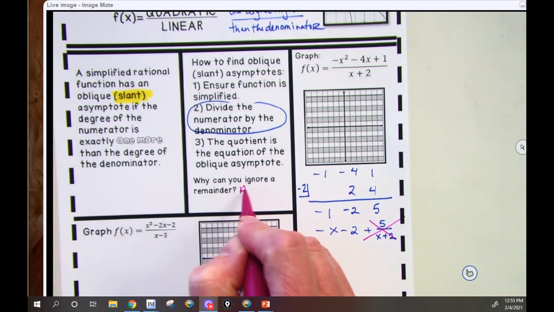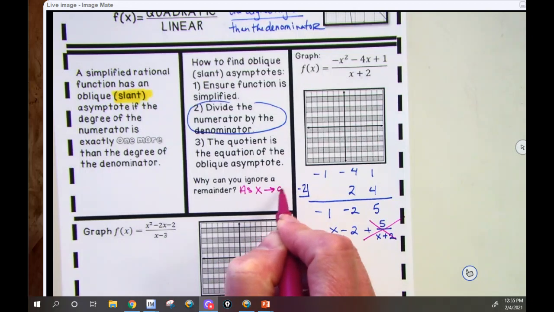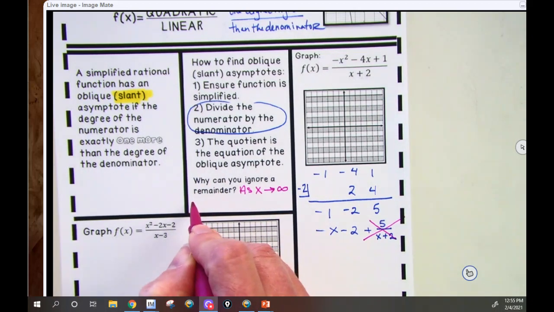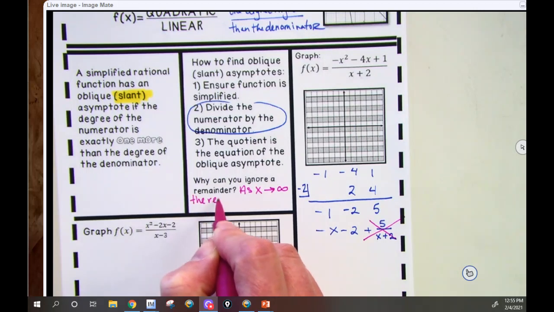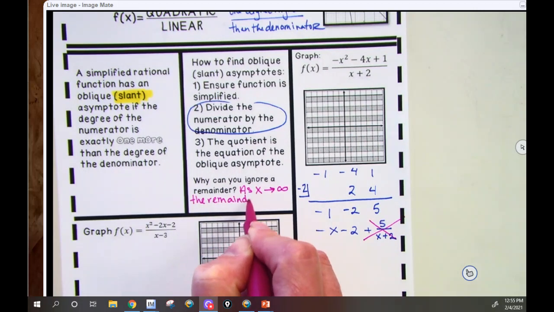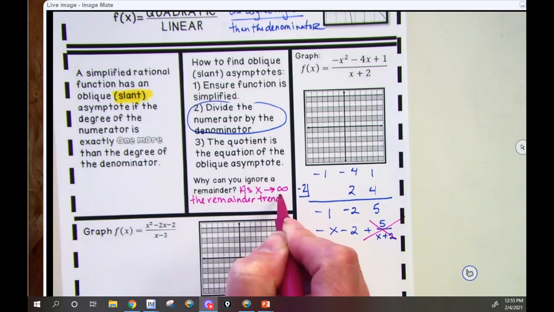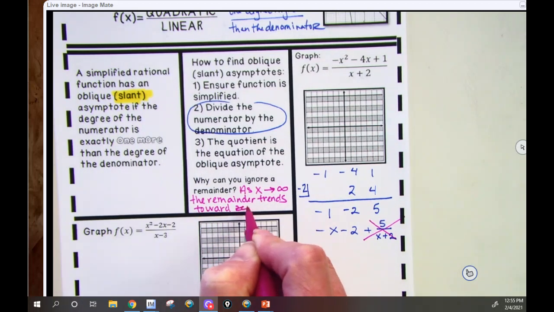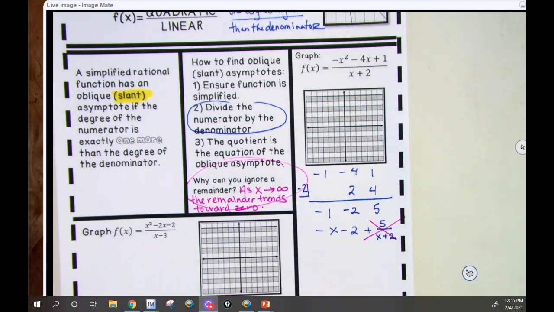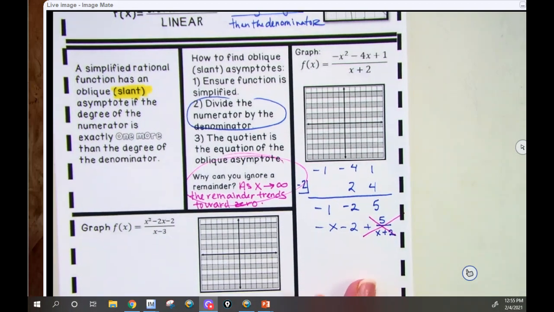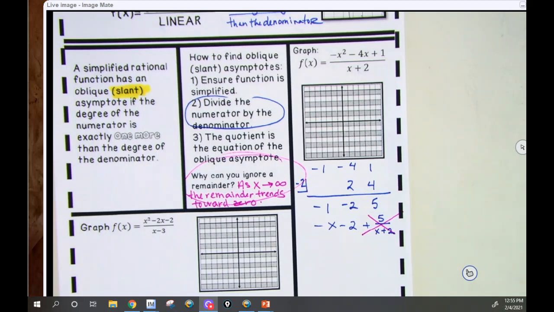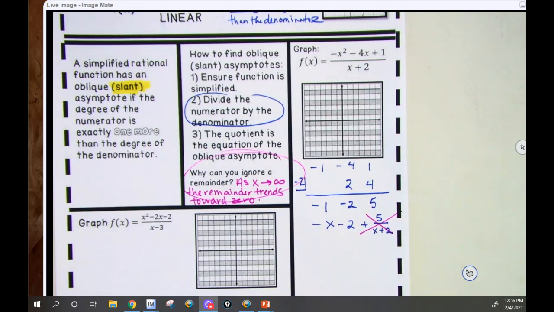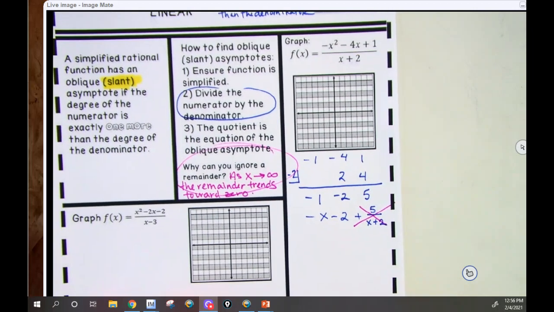So as x approaches infinity, the remainder trends toward 0. So you get to ignore it. So I'm going to go ahead and label everything I can here.